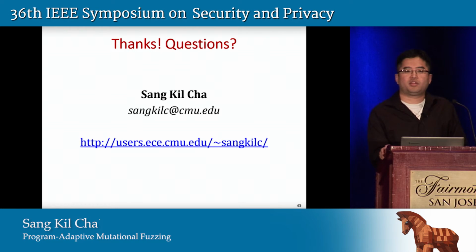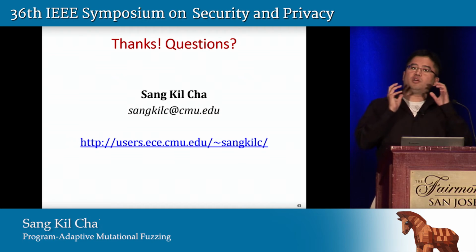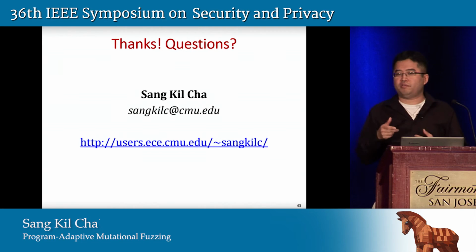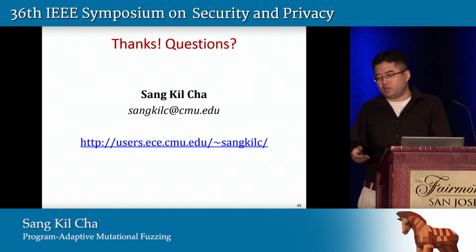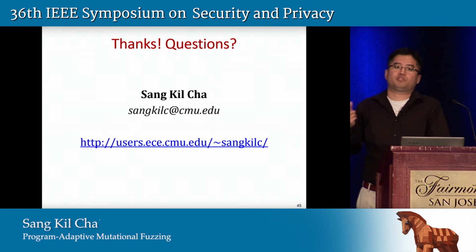Right. So I think the question is, why don't we try to find a specific position of a seed that we want to modify and don't want to modify? Yes, exactly. That's a very interesting question and direction.